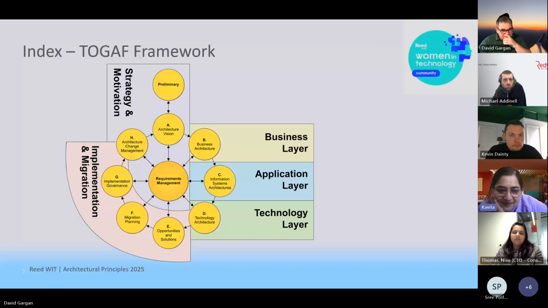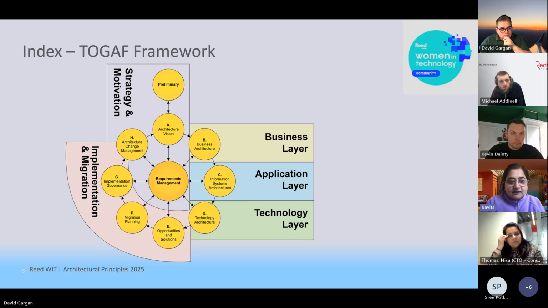We've collaborated to build this, so I can pick up business layer and strategy and motivation. That's a bit of our Archimate, bit of that view come in as well. And using this framework always helps, isn't it, to make sure the architecture principles cover all aspects, because architecture is not just technology, you have data, application, infra, security, everything.